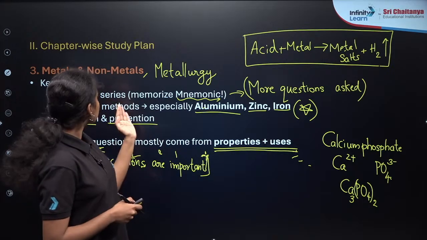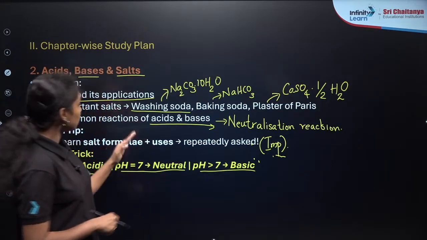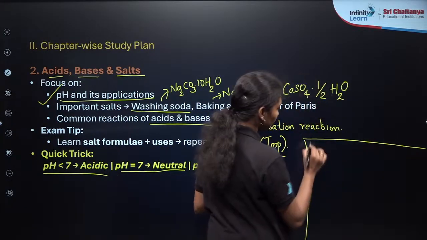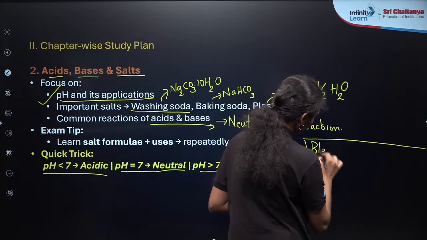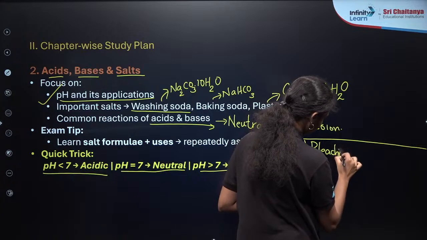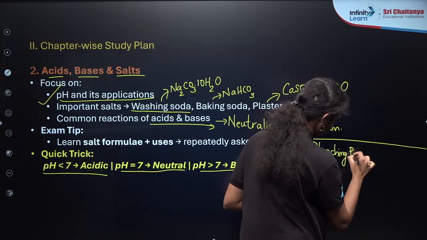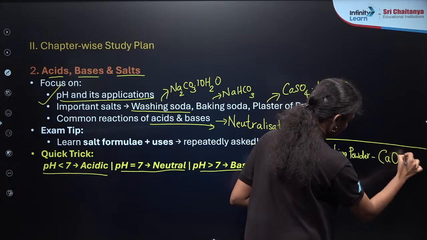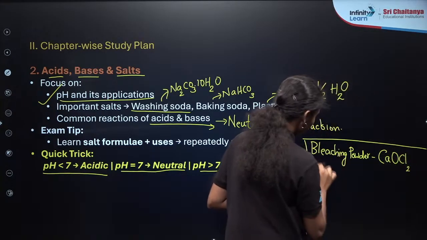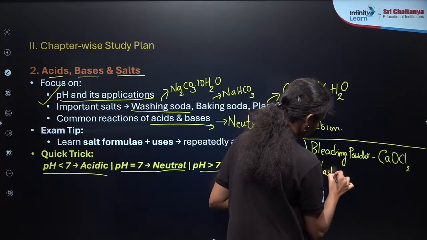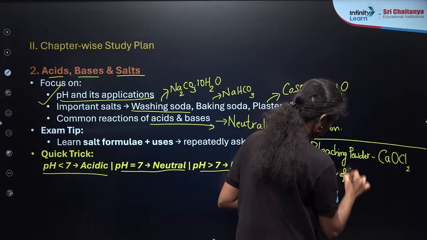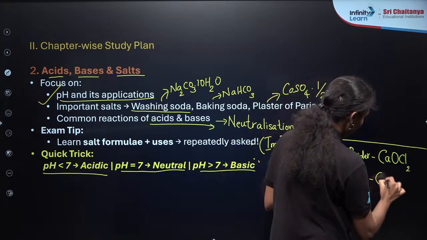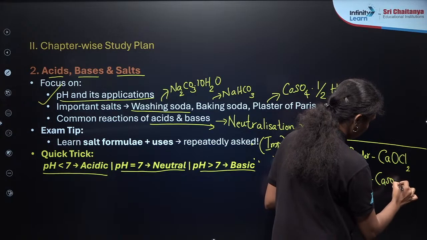And in the case of acids, bases and salts, there are 5 important salts you have to keep in mind. First one is bleaching powder, CaOCl2. The next one is plaster of Paris, CaSO4.1/2H2O.